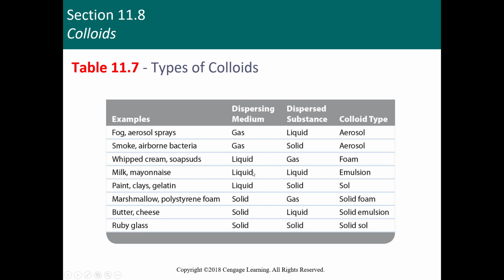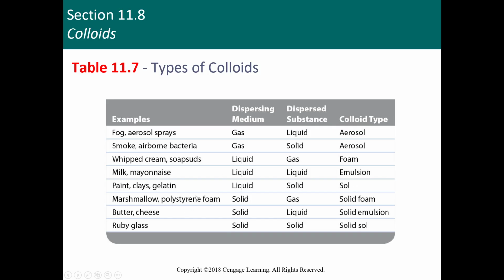You have water, which is the dispersing medium, and your dispersed substance is typically fats, and this gives you your emulsion. Paints, clays, gelatins, these are all solids dispersed in liquid, usually water, though you can have oil paints, of course, where this is oil. This is called a sol for the colloid type.